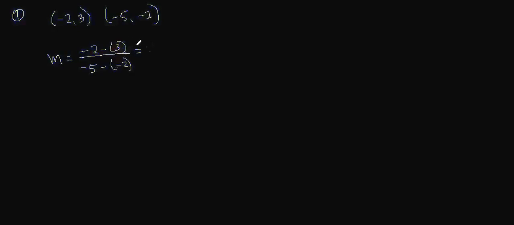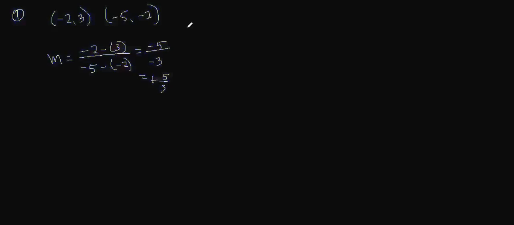Being careful here, -2 take away 3 would be -5, and -5 subtract a -2 we actually get -3 here, and then of course a negative divided by negative gives us a positive slope of 5/3.